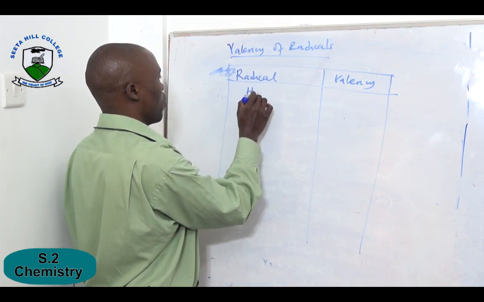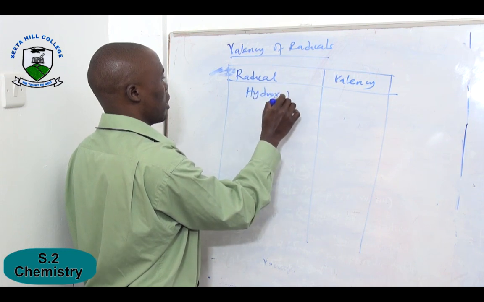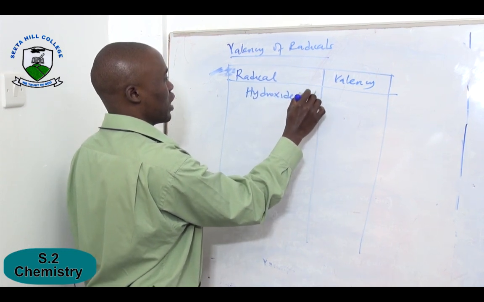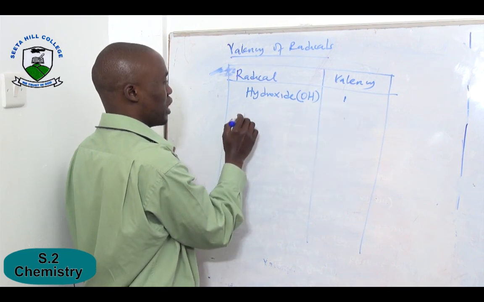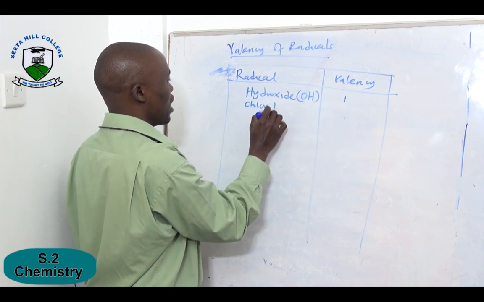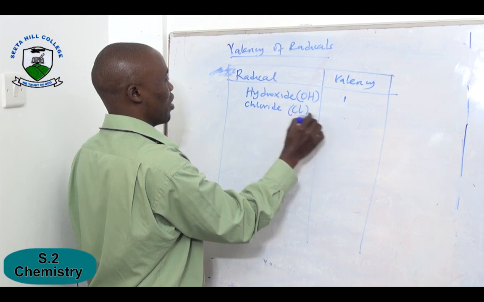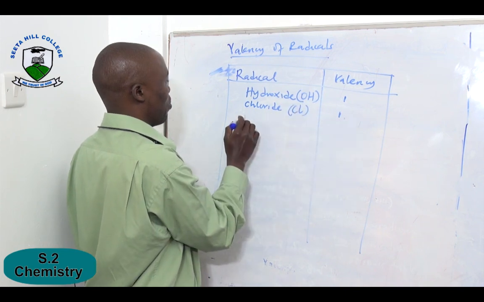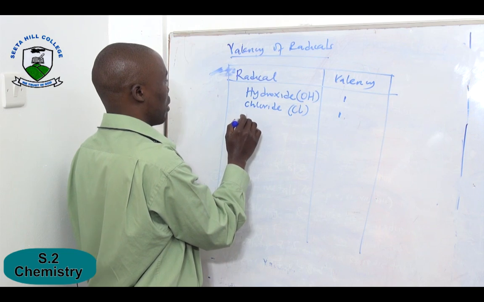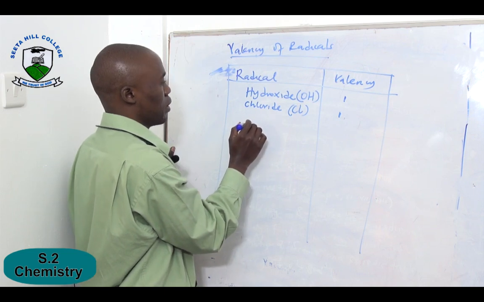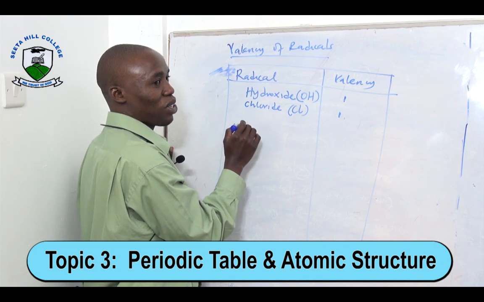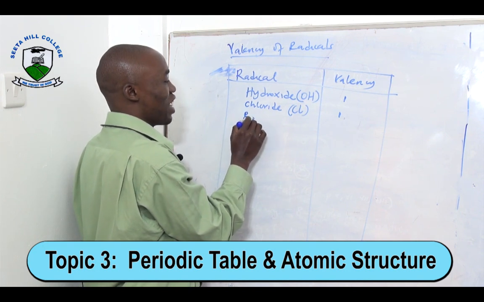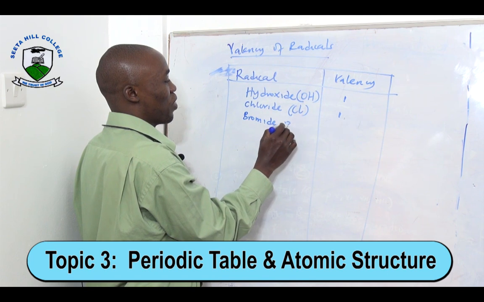We have hydroxide, which is OH. I don't know whether somebody recalls that one in bases. Chloride is Cl. Yeah, chloride, hydroxide. You know, carbonate. Yeah, that one has a valence of 2.